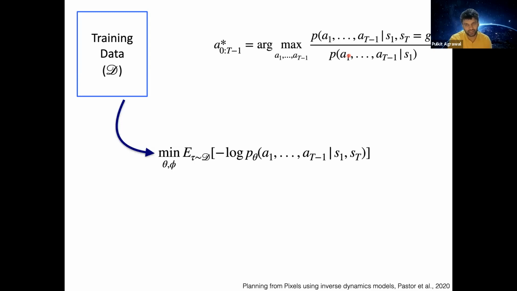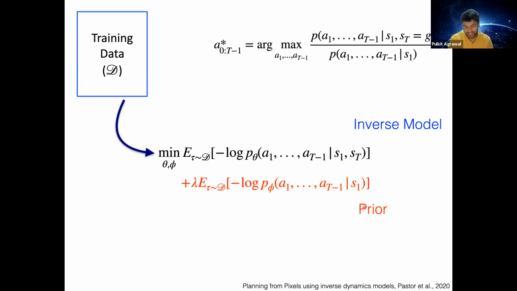Right? So how do I solve for this? I have my typical inverse model loss function, and I put another loss term, which just predicts the probability of a sequence of actions when I've not conditioned on the goal. That is why it's called the prior.